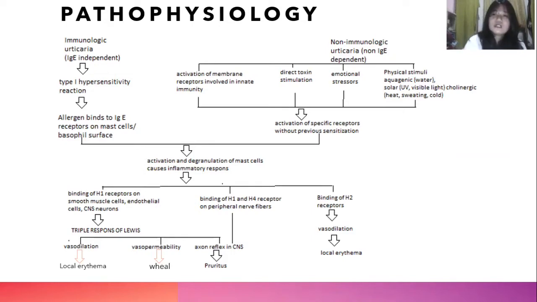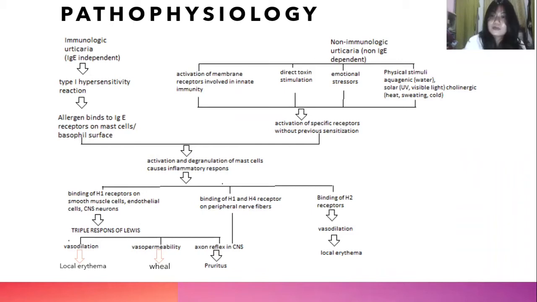These etiologies will then lead to the activation of specific receptors without previous sensitization, leading to the activation and degranulation of mast cells, thus starting the inflammatory response, causing the clinical manifestation of urticaria.